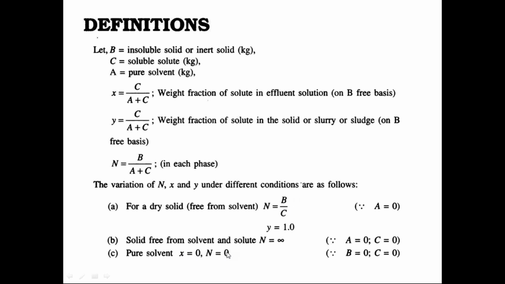So N is equal to 0 because B is equal to 0. So for the pure solvent case, X is equal to 0, N is equal to 0. For solid free from solvent and solute, N is equal to infinite. For dry solid, N is equal to B by C, Y is equal to 1. Please remember these conditions while you are solving problems.